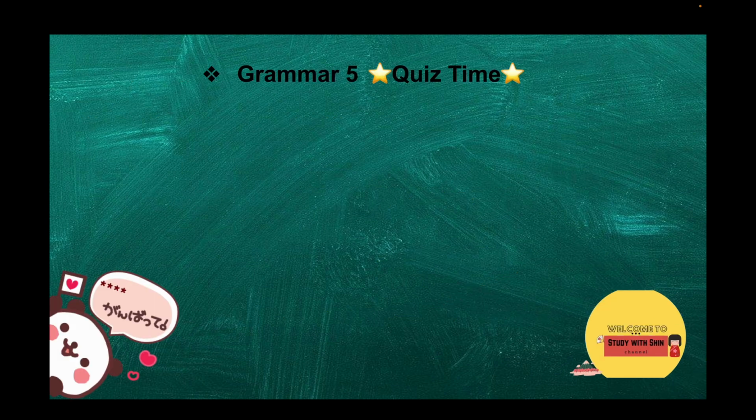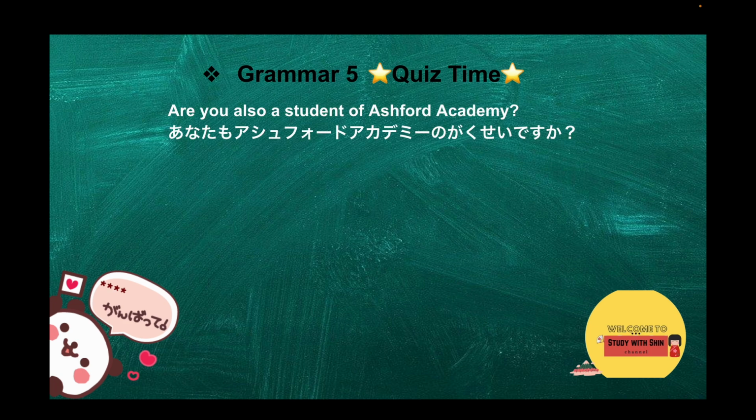Now, let's start our quiz time, okay? Lelouch is a student of Ashford Academy: ルルシュさんは Ashford の学生です. I will ask you, are you also a student of Ashford Academy? あなたも Ashford Academy の学生ですか? Of course, you're not a student from Ashford Academy, so you would say, no, I'm not a student of Ashford Academy.